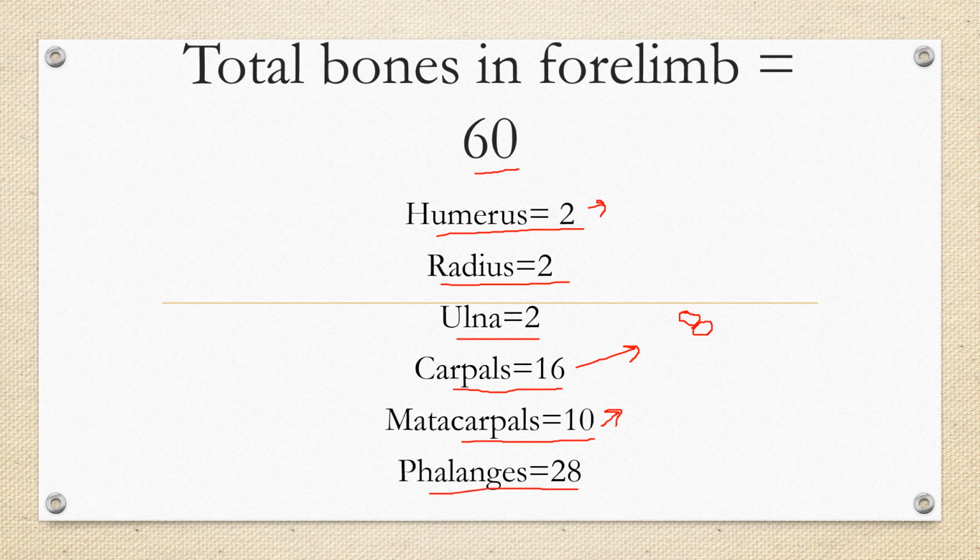And the phalanges are total 14 in one hand, and when you count for both hands they will be total 28. And when you add 28 and 10, 16, 2, 2 and then again 2, then they will be total 60 bones. So you have studied that the pectoral girdle has 4 bones and the total bones in the forelimb are 60.